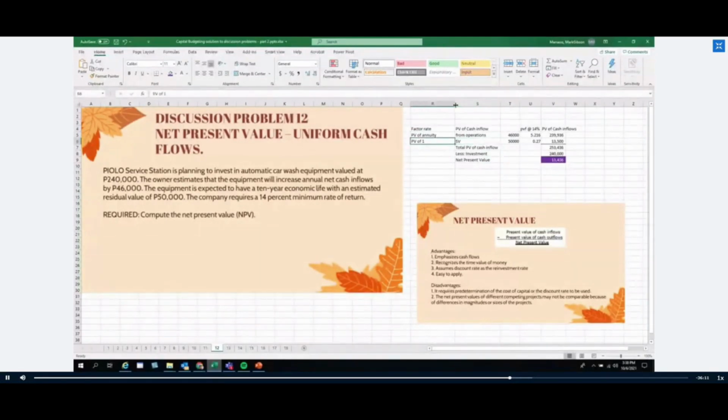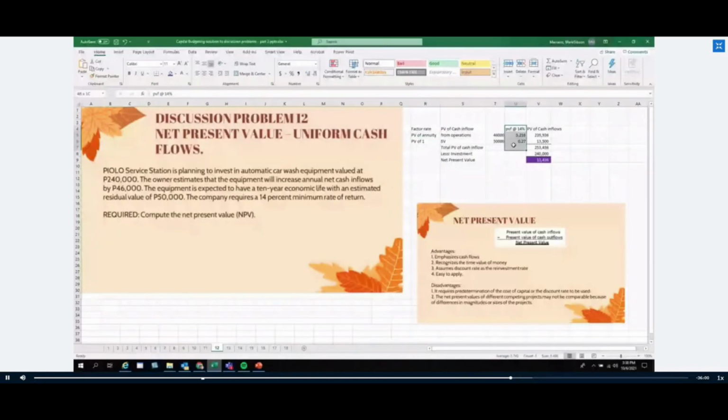Okay? So, in this topic, we're not going to discuss more of how to compute the present value factor. Again, that will be covered in the time value of money discussion. So you have to refer back to that discussion. Now, ang pag-uusapan natin dito is basically when to use those factors.